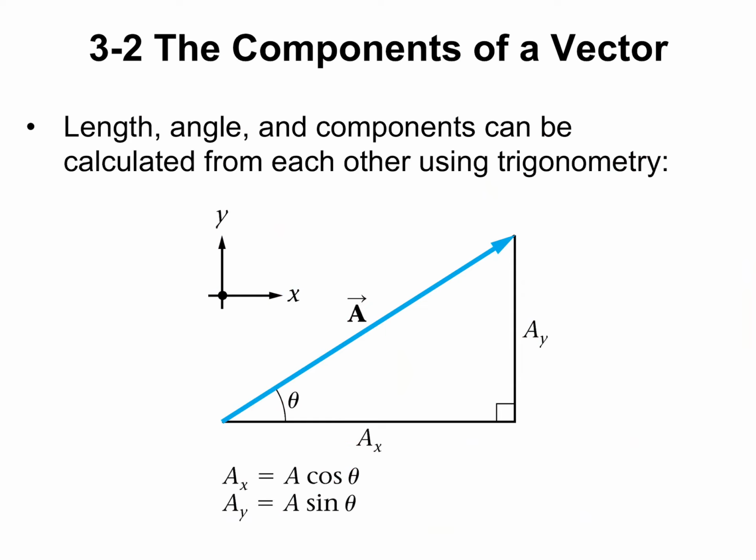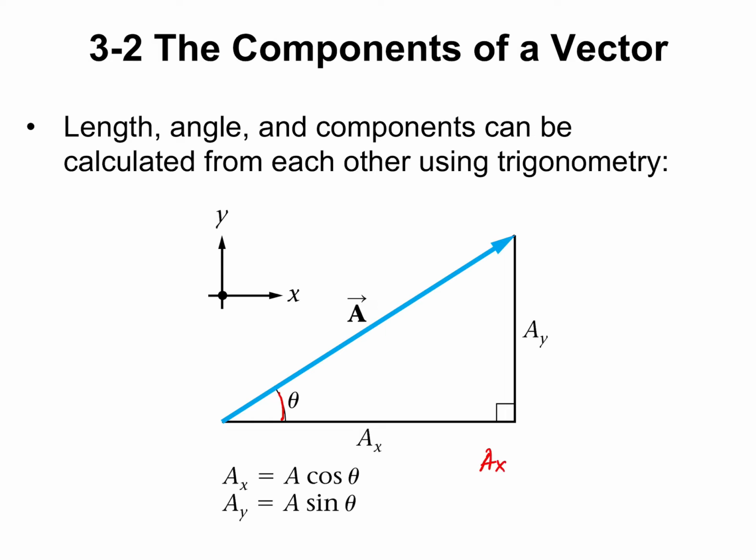I believe everybody here learned trigonometry before. If you forget trigonometry, you can grab a pre-calculus book, which has a really good review of it. So you have a right triangle, and here is theta.